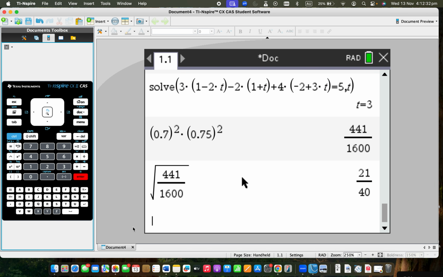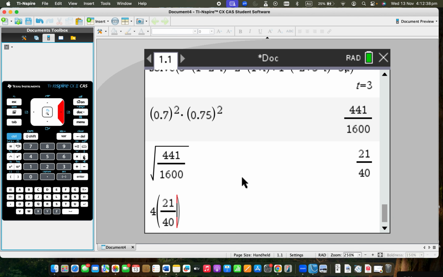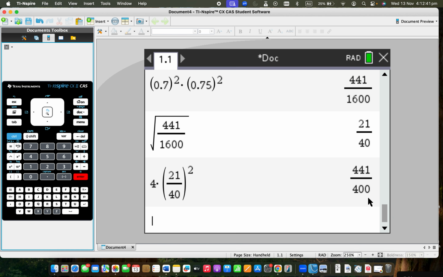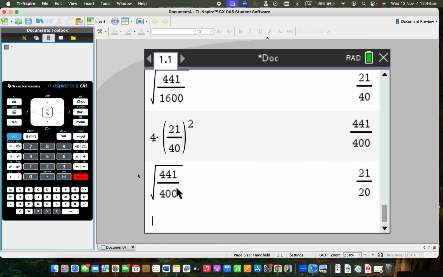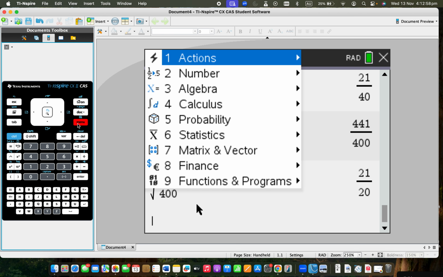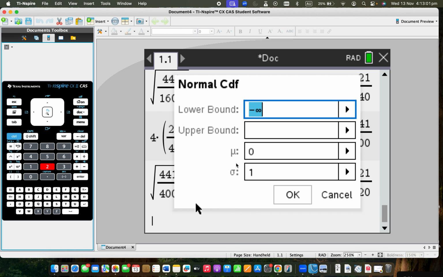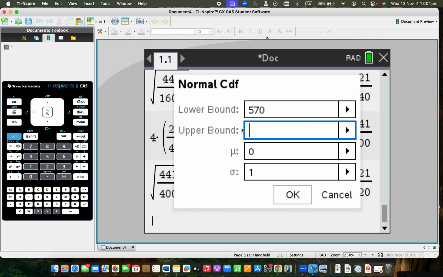So what's the variance? 4 times 21 on 40 squared is that, and then the square root of that is that. So 21 on 20 is the standard deviation. Okay, and then we want to know that it's a total of more than 570 grams. So from 570 up to infinity. The mean is 140 times 4. The standard deviation is 21 on 20.